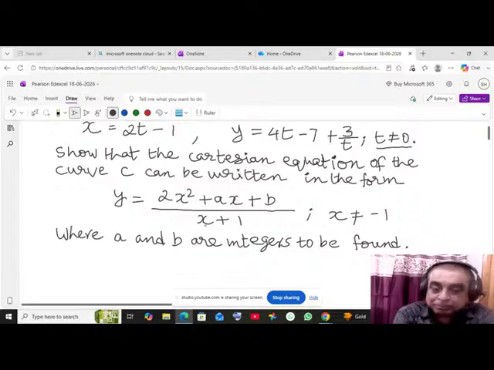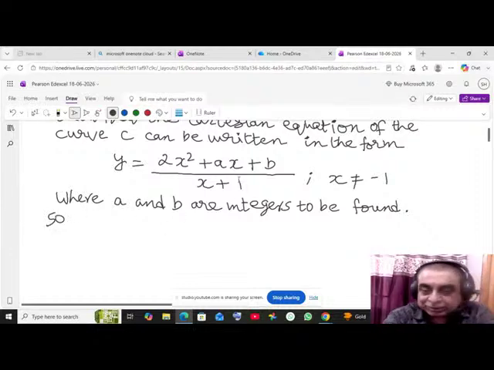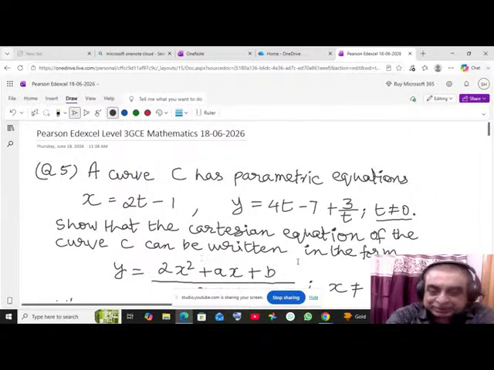If x is minus 1, then the denominator will become 0 and it will become meaningless. Any number divided by 0 is meaningless. So that is the reason why x cannot be minus 1, where a and b are integers to be found. Now see, we will be changing the parametric equations to the Cartesian form.